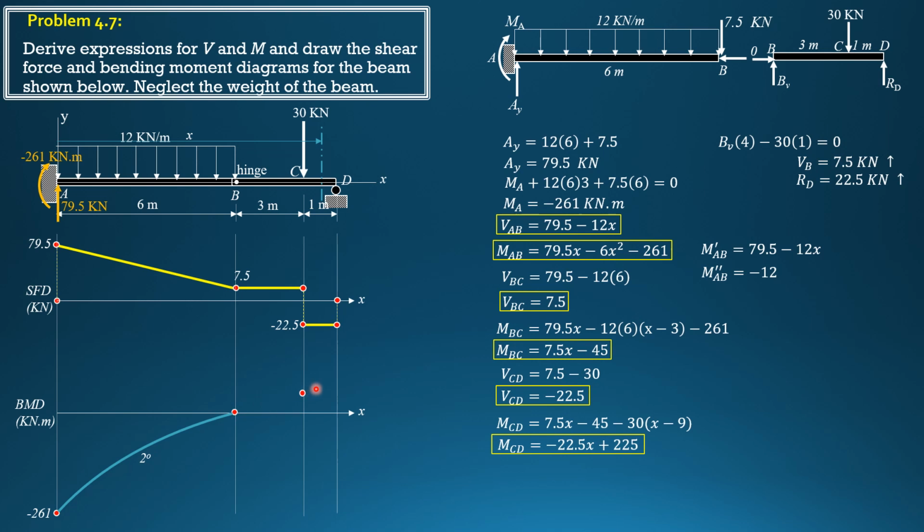Then connect with a straight line like that. Then for CD, when x is 9, this value should give us 22.5 also. Then when x is 10 at D, negative 22.5 times 10 plus 225, it should be 0. So again, this is a straight line with negative slope, so you just connect them with a straight line as shown.